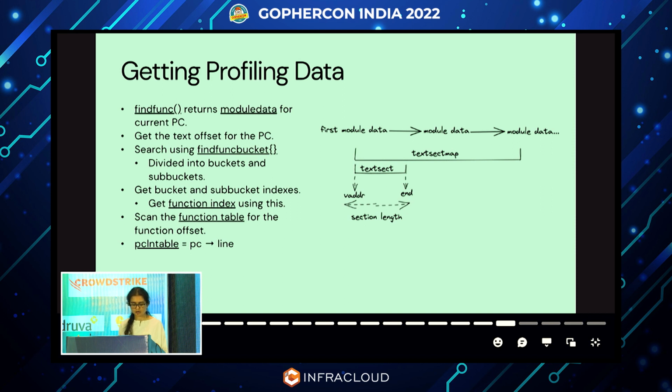The first step after finding the bucket is finding the bucket position by multiplying the bucket index with the size of the bucket, and adding the index of the function and the sub-buckets brings us to the function sub-bucket. So starting from the sub-bucket, we increment the index till we come to the program counter offset of the function, and the function offset field from the function table, another PC line table, at that index is the function offset.